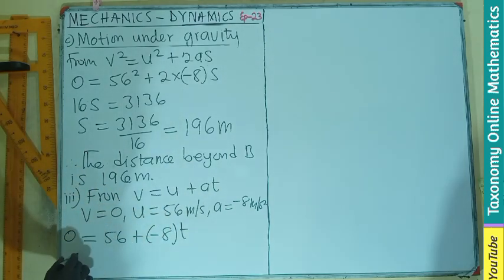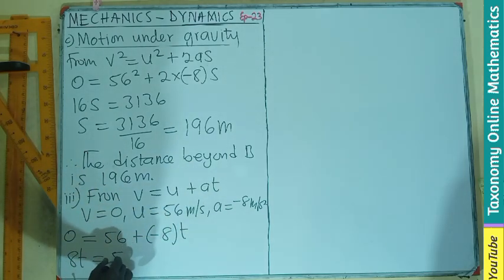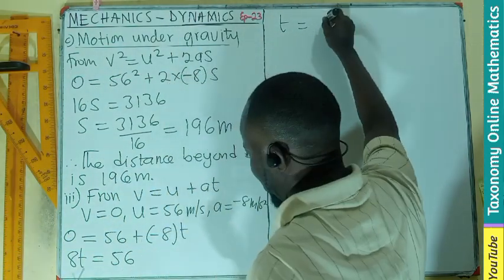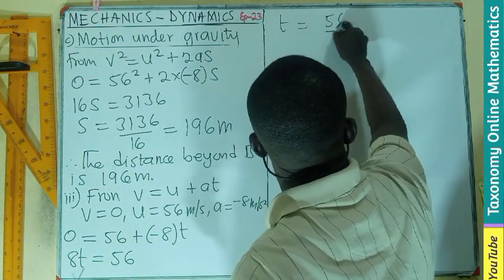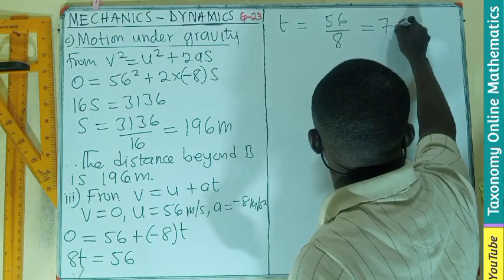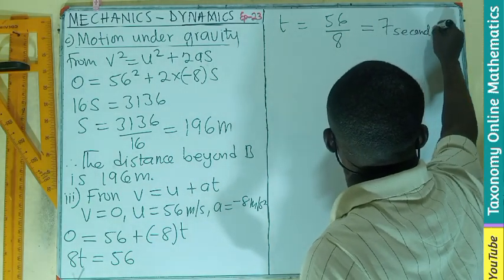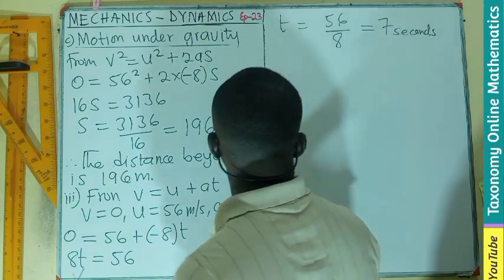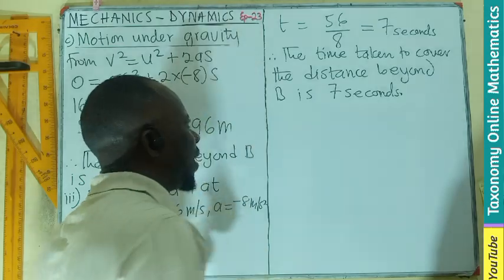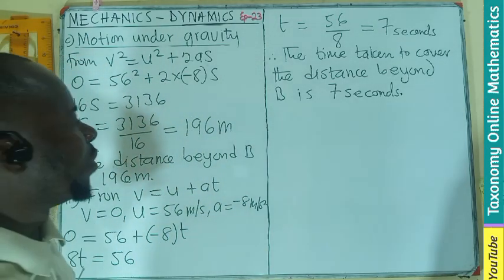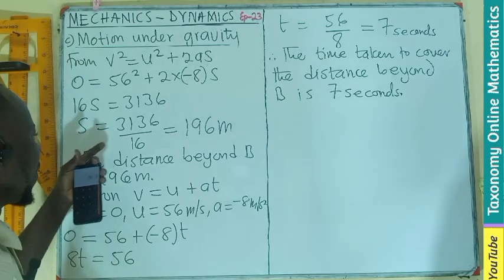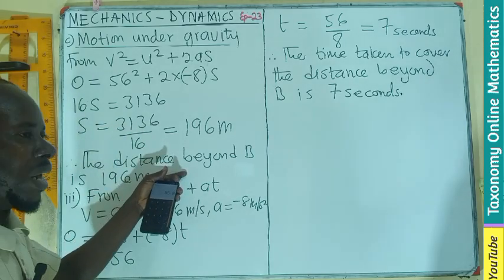This becomes 8t equals 56. t will be 56 divided by 8, and that gives us 7 seconds. Therefore, the time taken to cover the distance beyond B is going to be 7 seconds. We have our distance to be 196.